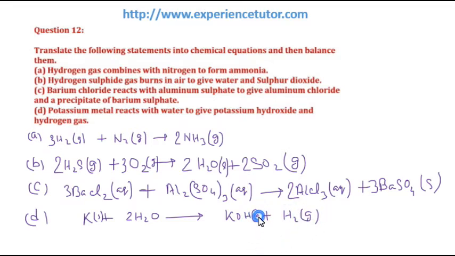This is liquid, this is solid. So we can write 2, here also 2, and 2 KOH, and that's it. The equations are balanced now.